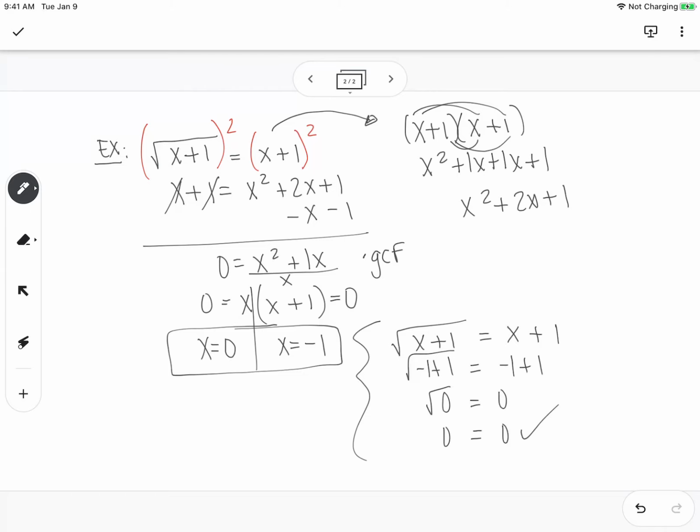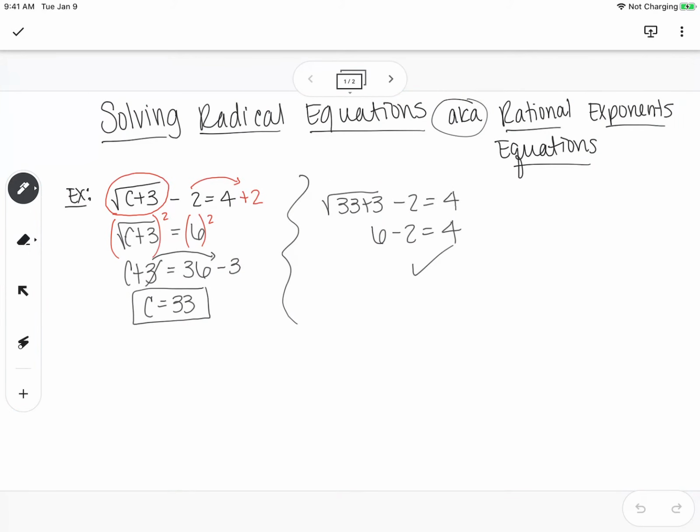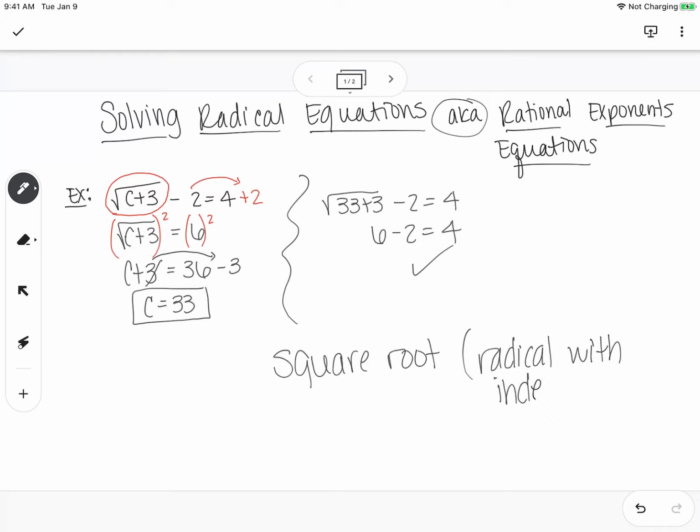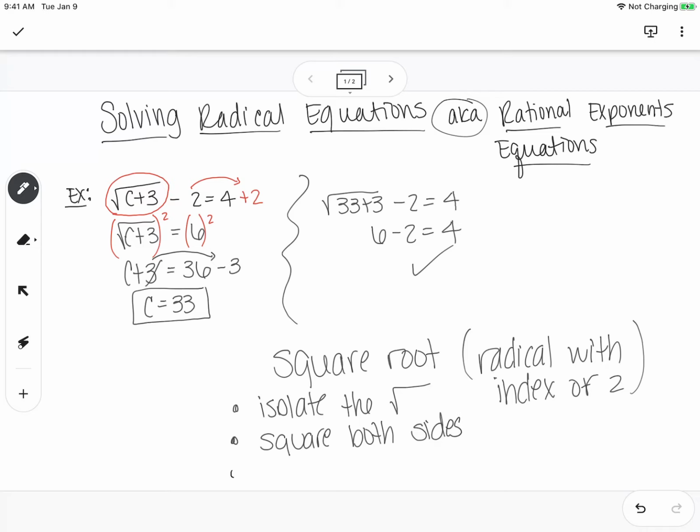So a quick recap: to solve a square root, so a radical with an index of 2, you would isolate the radical sign, then you would square both sides, and then solve for your variable.